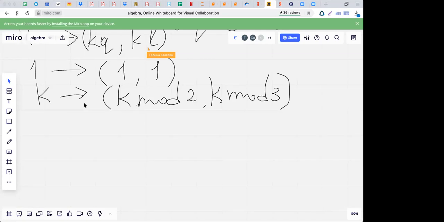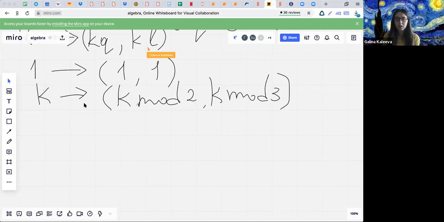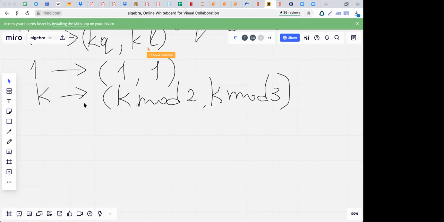We have to take the same elements from the groups 3 and 2. More explicitly, please. So maybe we have to take the same elements from the groups 2 and 3 and then reduce them modulo 6.